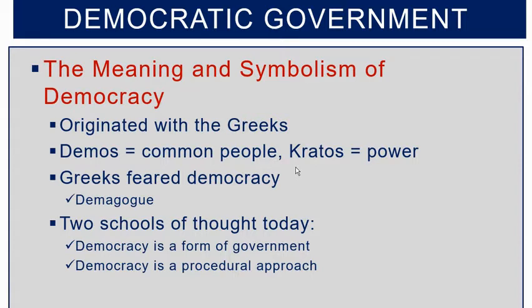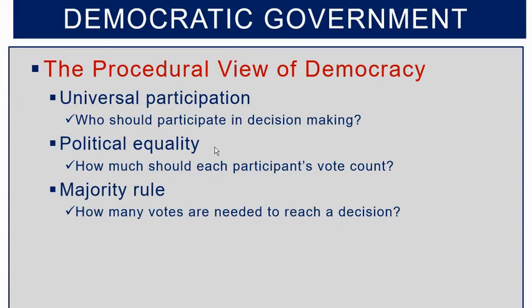And there are two schools of thought today: that democracy is a form of government, and the other idea is that democracy is a procedural approach. In other words, how you get to the type of government you have, which leads us to the procedural view of democracy. In procedural democratic theory, this is a view of democracy as being embodied in a decision-making process that involves universal participation, political equality, majority rule, and responsiveness.